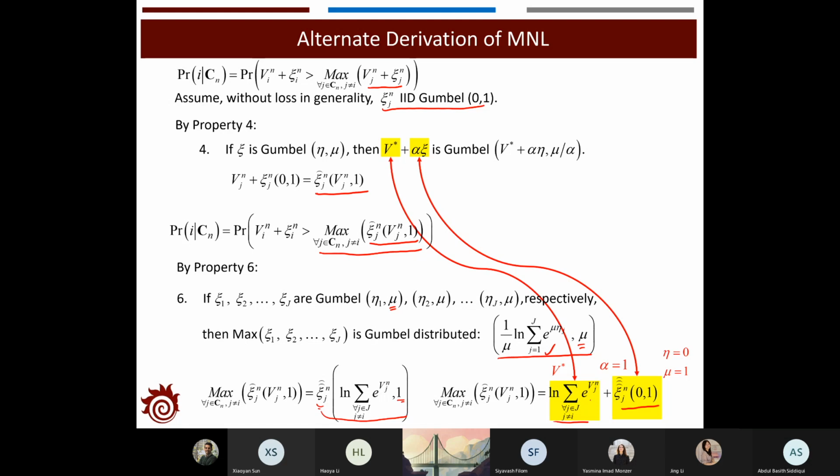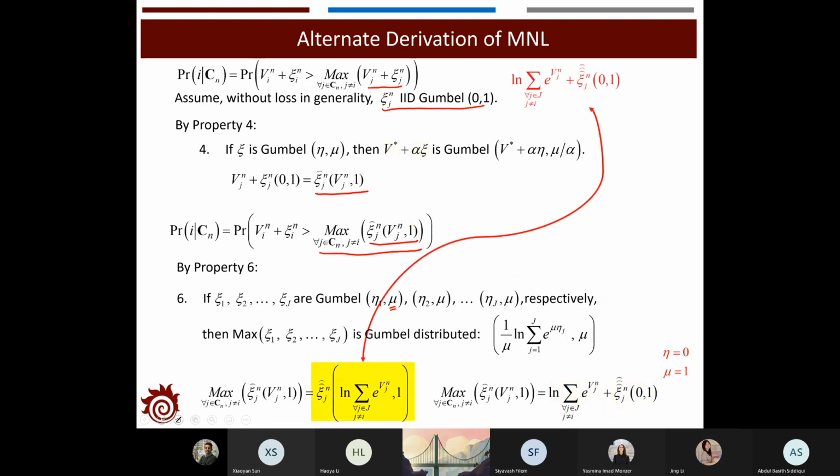If we do this conversion, you can easily extract this component outside, and then the rest becomes the standard Gumbel distribution. If you want to know the details about the derivation, just check the slides after class. They will show how these formulas are converted and transformed.